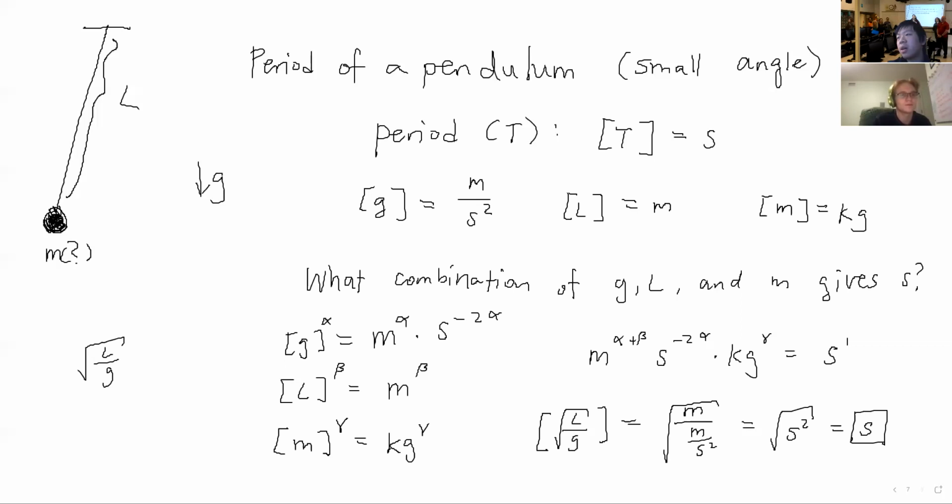What is the constant that is beside L over G? 2i. 2 pi. Wow. Yeah, complex number. I like it. Gotta move in a different dimension.